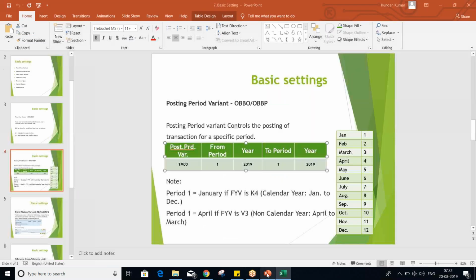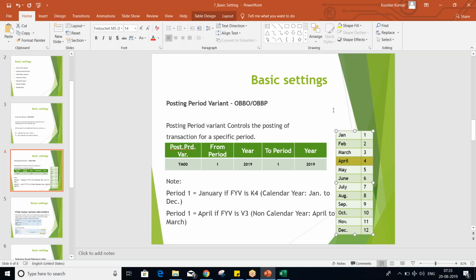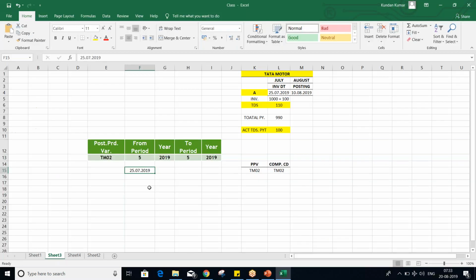Here, if you remember, we have also defined the fiscal year variant. In the fiscal year variant, the system is going to find out, for whichever transaction is getting posted, which belongs to 25th 07/2019, which fiscal year variant we are using.